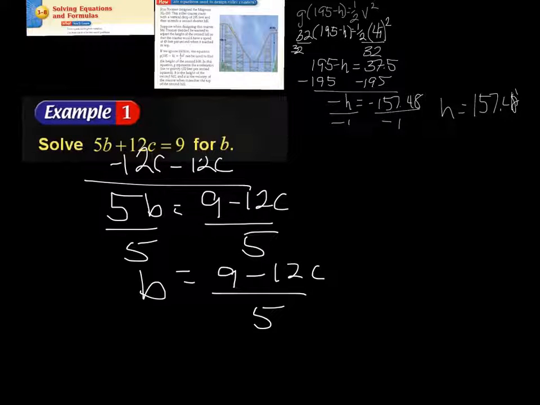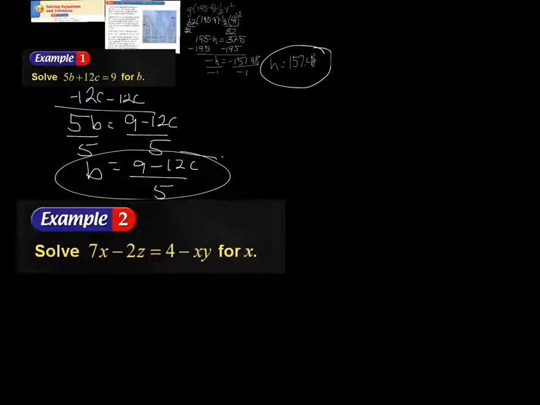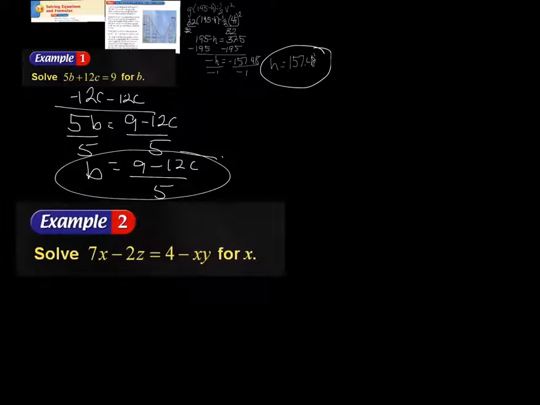For example 2, they ask us to solve for x, so I'm going to get everything with x on one side of the equation by itself. So I'm going to get rid of the minus 2z, so I'm going to add 2z to both sides of the equation.